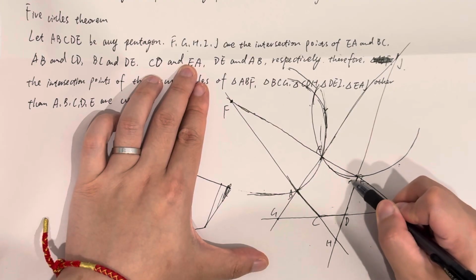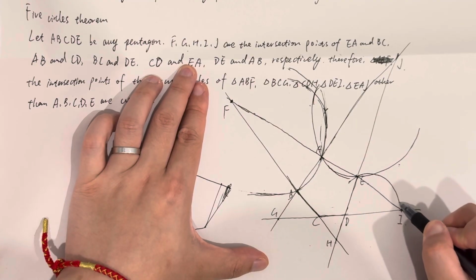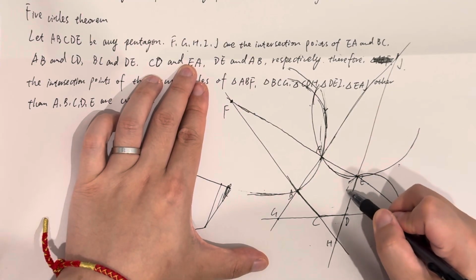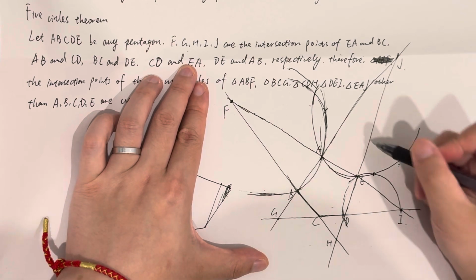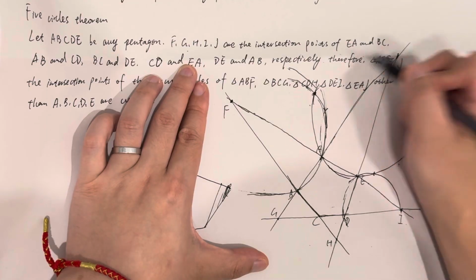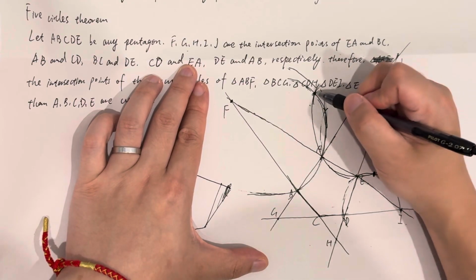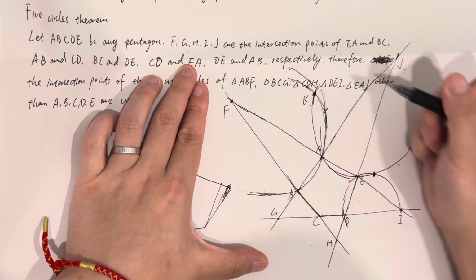And I would have something like this. So this point, this is a point. Let's call this point K, okay?